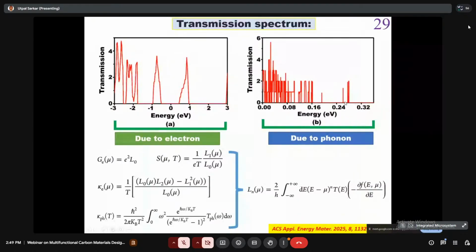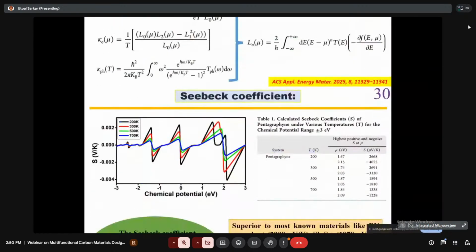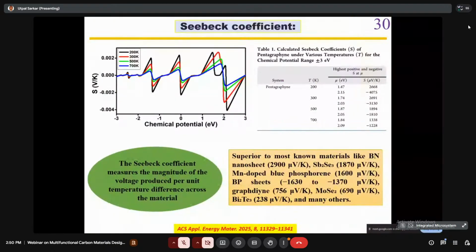And in the high energy region, only a few modes are available, and the intensity is also decreasing. That means the transmission for high energy phonons is decreasing in the case of pentagraphene.